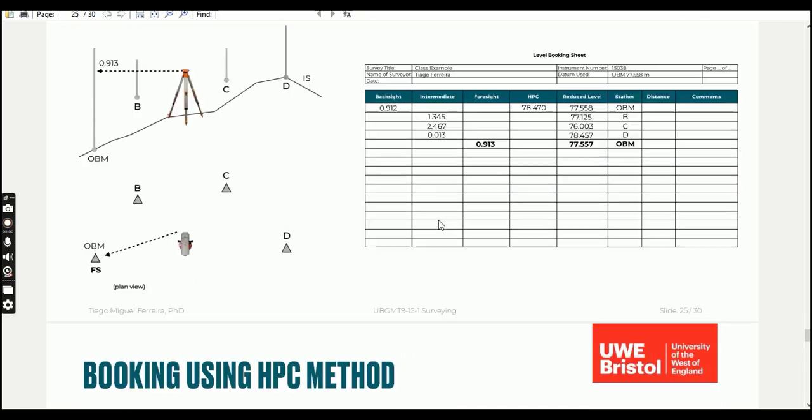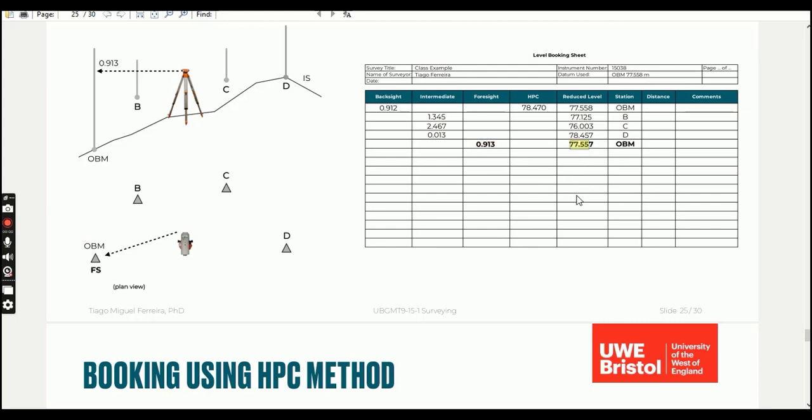After point D, we close our leveling process again on OBM, and we put the reading in the foresight column. When we subtract the foresight from the HPC, we get the elevation of OBM.